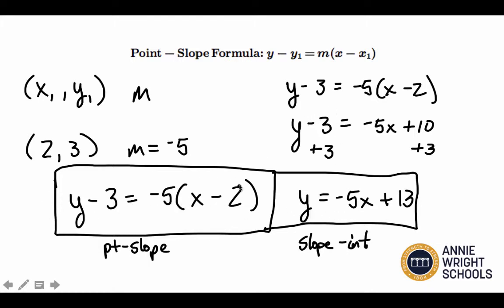The work that you're going to do in class is writing equations in point-slope and then writing equations in slope-intercept. Sometimes they give you the point and a slope. Sometimes they give you two points. But this is one of my favorite games to play in algebra: write the equation of a line, and they just give you different information. I will tell you, point-slope is your best friend when it comes to writing the equation of a line.